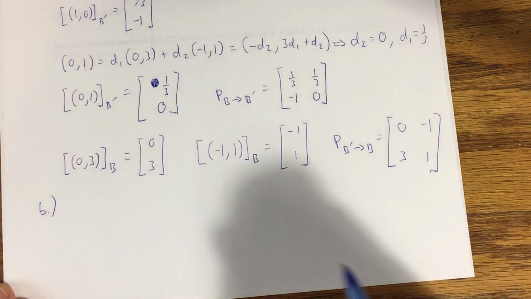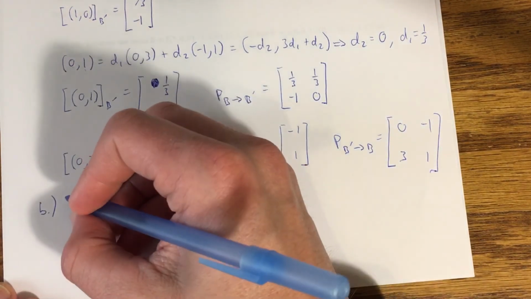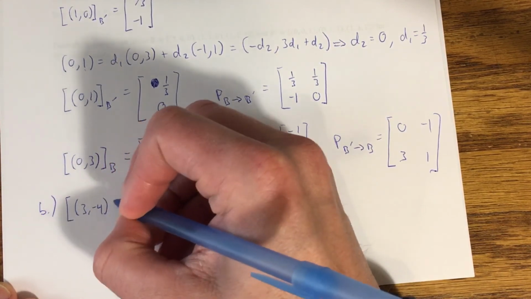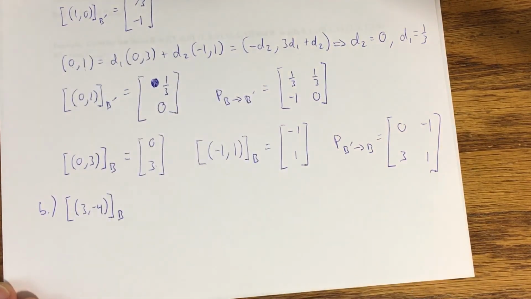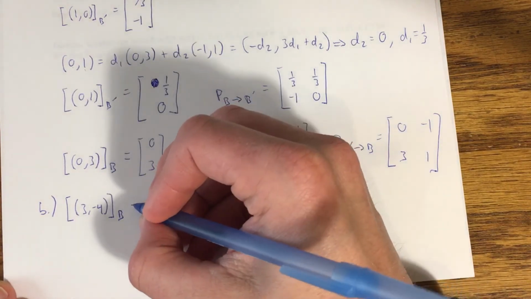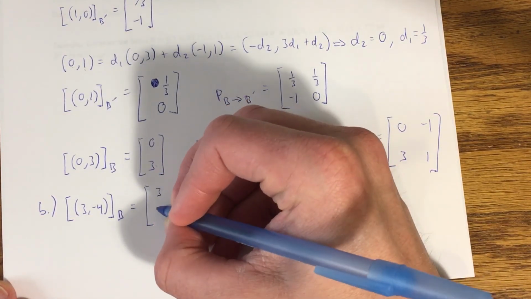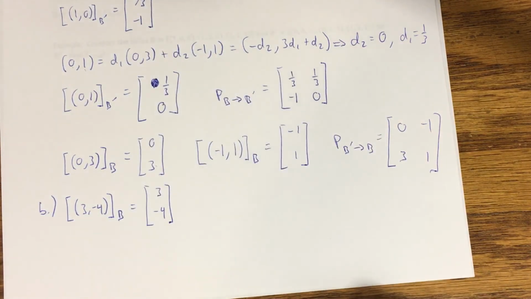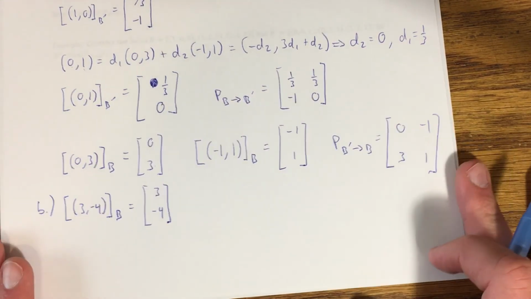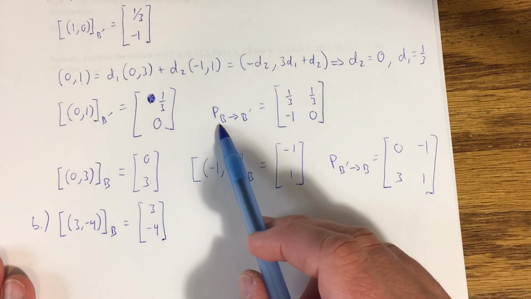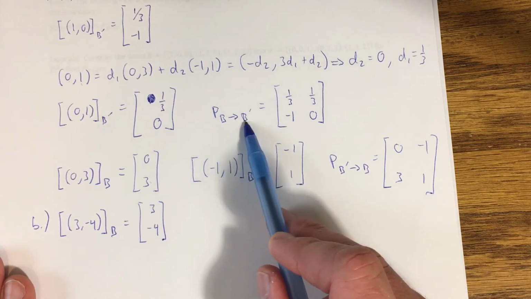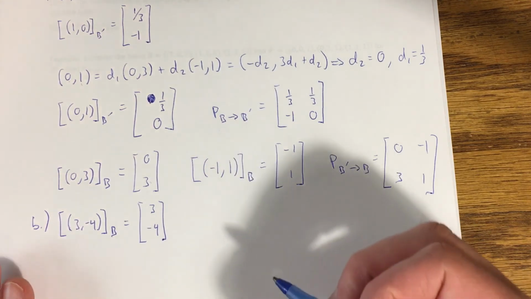But instead what I'm going to do is use the fact that the vector 3, negative 4 relative to B, again, B is the standard basis, just looks like itself as a column vector. And then I'm going to use the fact that I've already found a transition matrix that takes vectors relative to B and turns them into vectors relative to B prime. So this becomes a matrix multiplication problem.